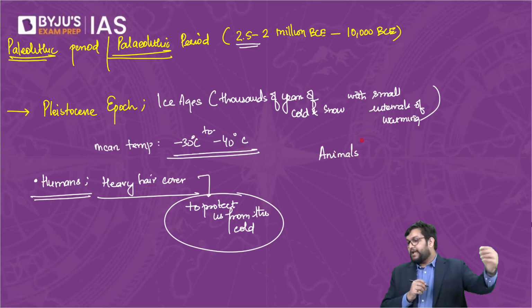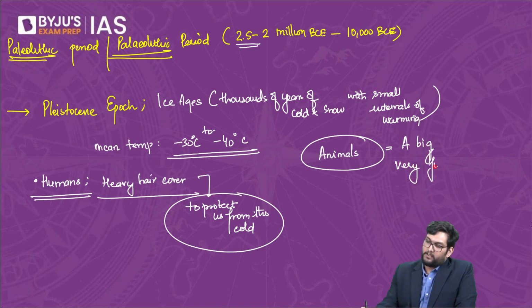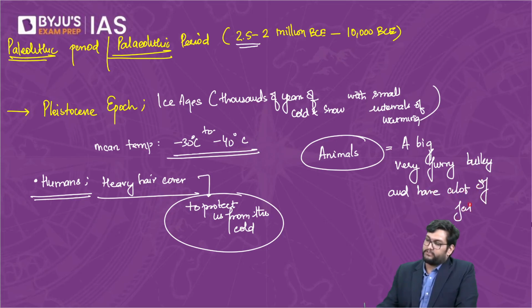Animals are big, very furry, bulky, and more than that, they have a lot of fat on their body.